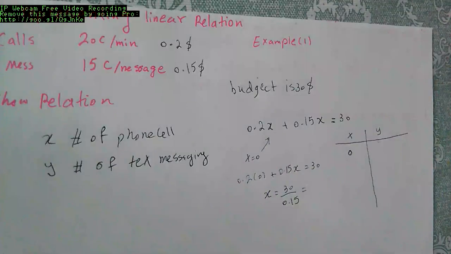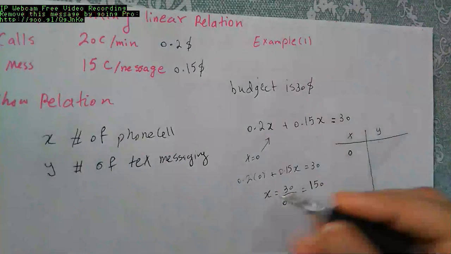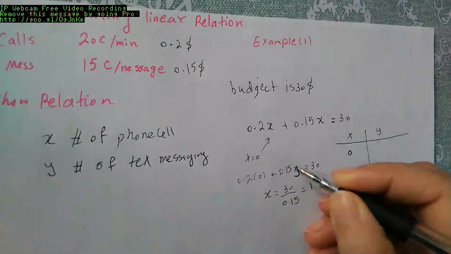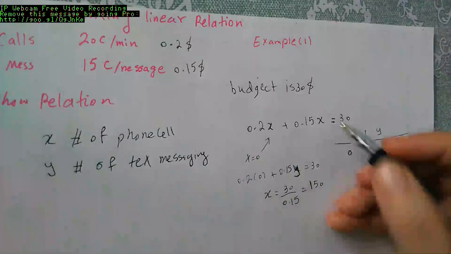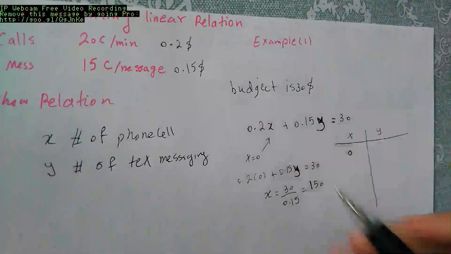If you put x as 0, you will get 150. This is for y. Here is y, the number of text messaging.